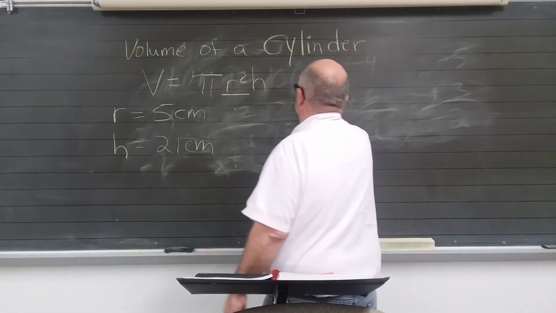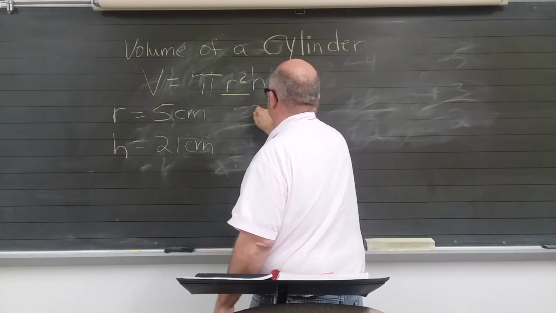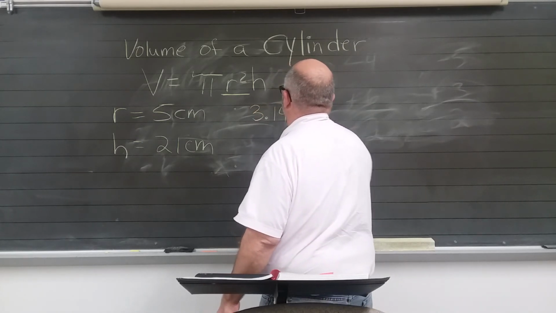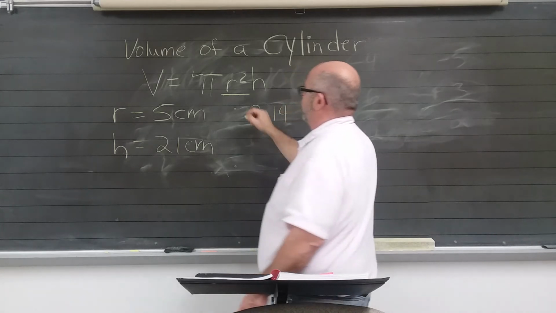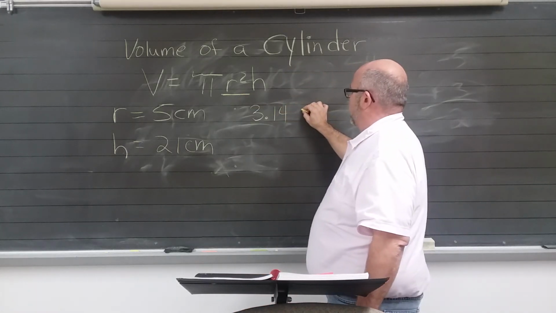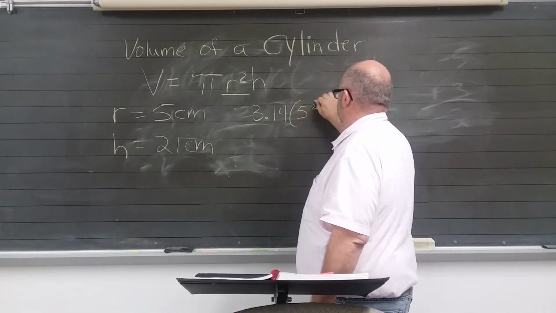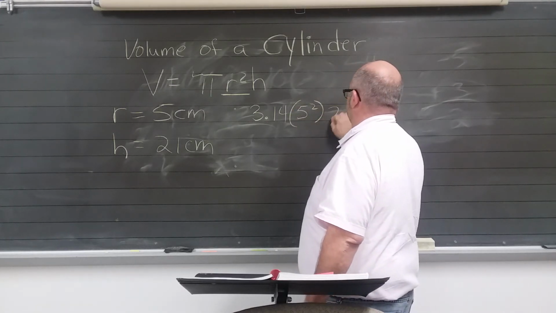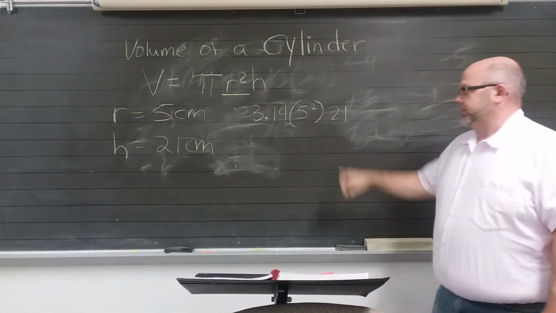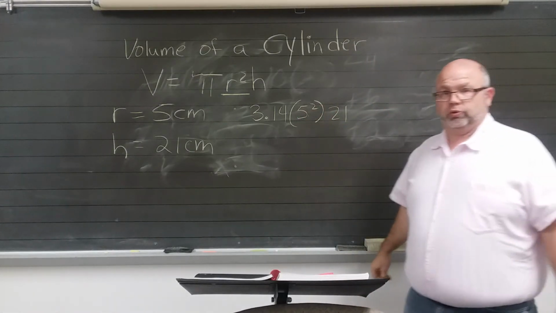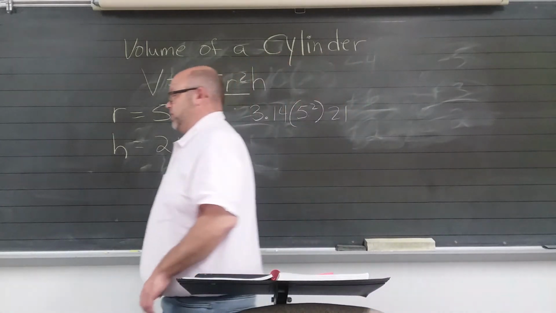Pi is always 3.14. So 3.14 times 5 with a little 2 times 21, right? Now what is a 5 with a little 2? Remember, that means 5 times 5. So you have 3.14 times 25 times 21.